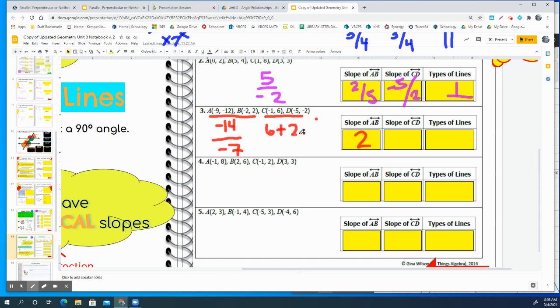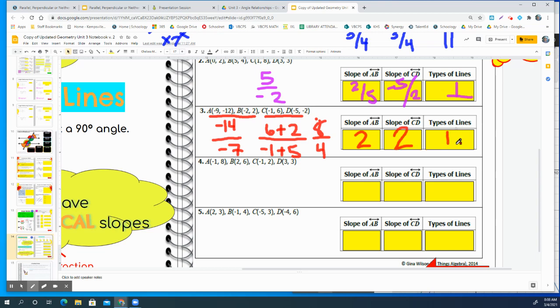Anybody got C and D? So are these parallel, perpendicular, or neither?